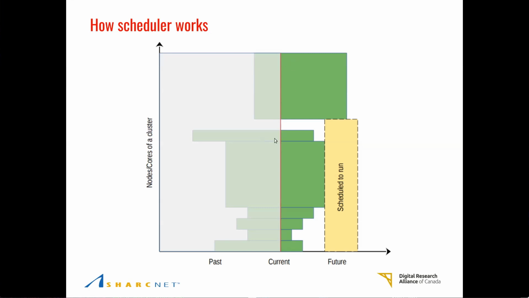And these yellow and green blocks represent the jobs running from some past time all the way to the future, and the width of the block represents the size of the job. And as we are looking at the system right here, we are sitting at the borderline of the past and the future. And the scheduler will take the jobs submitted and put them in the queue. For example, this yellow part is being occupied by some job. Okay, the scheduler will put it over here.